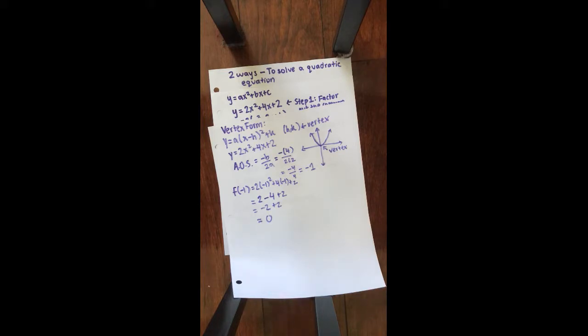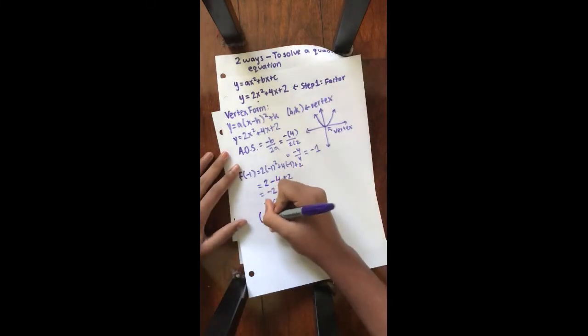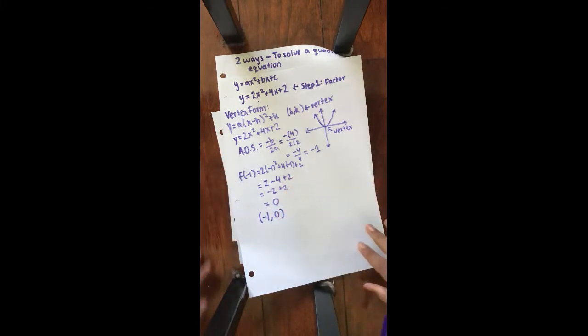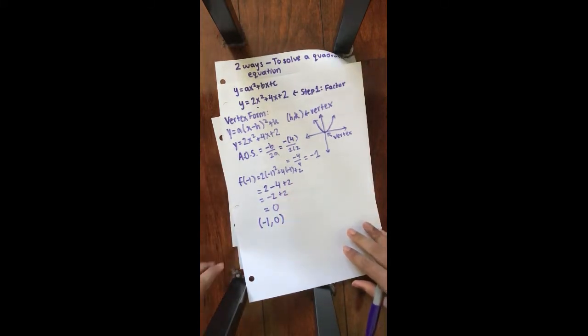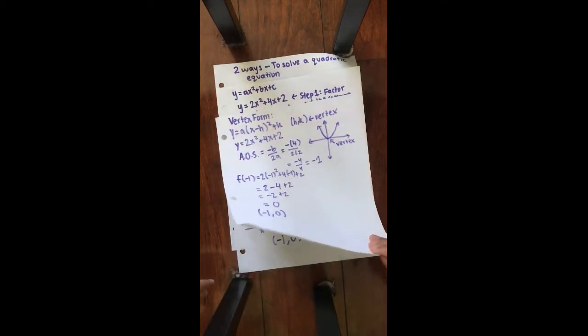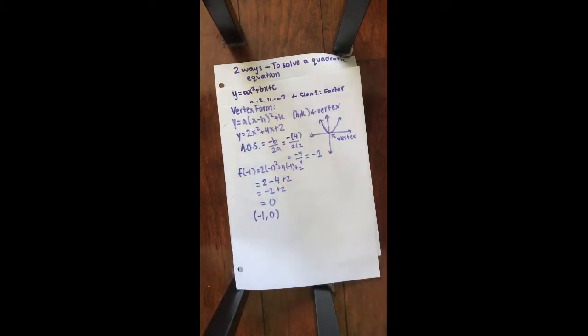So our vertex is -1 comma 0, which also happens to be our x-intercept, which is not always the case, but I think in this quadratic equation that's the case.